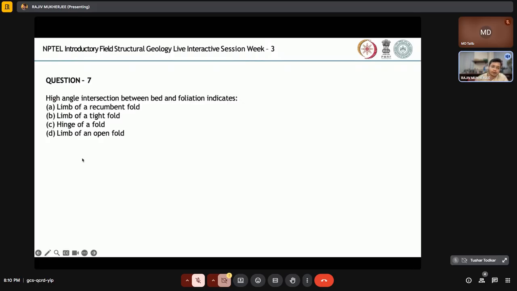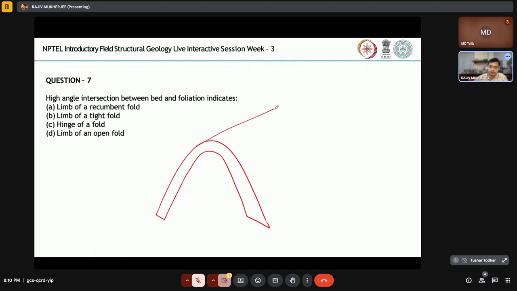So if we follow what a fold looks like, if this is the axial plane, then these will be the traces of the axial plane, right?